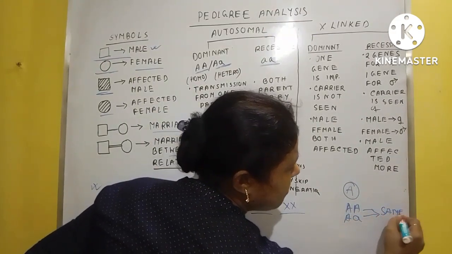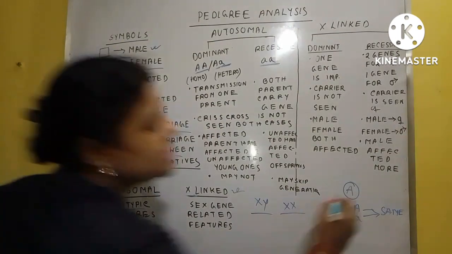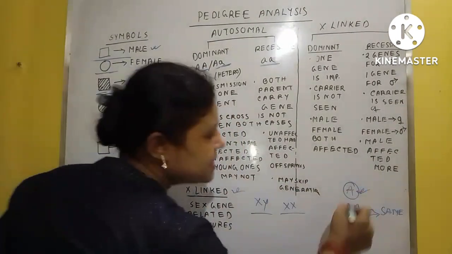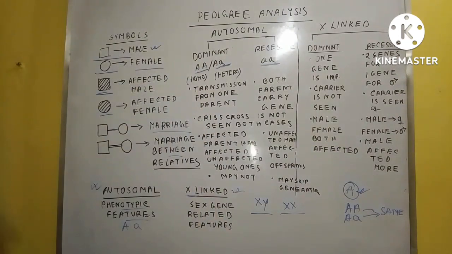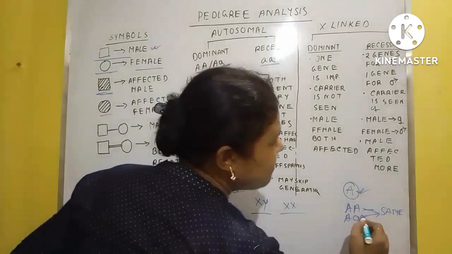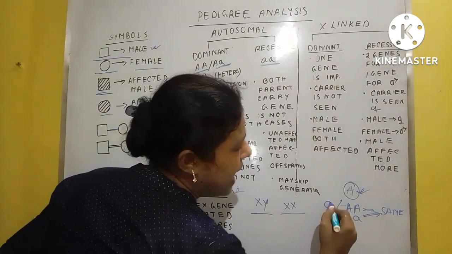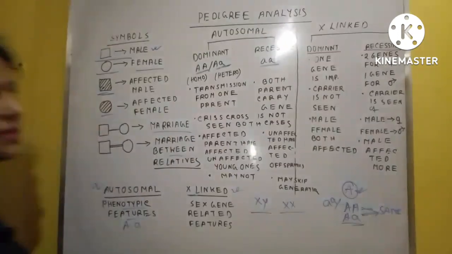Clear? That is the same, because A is dominant here. If even a single A is there, it shows the same feature. This is called homozygous and this is called heterozygous.